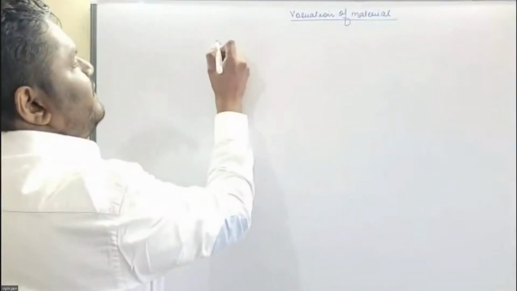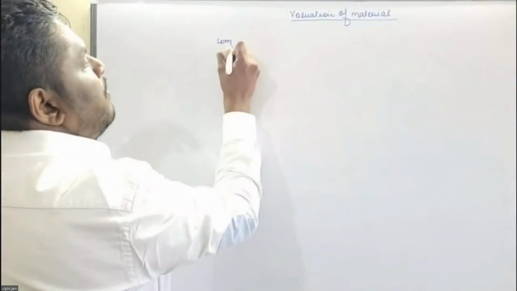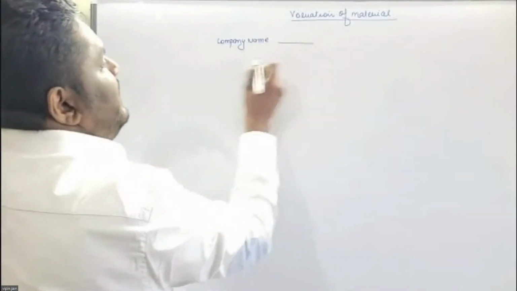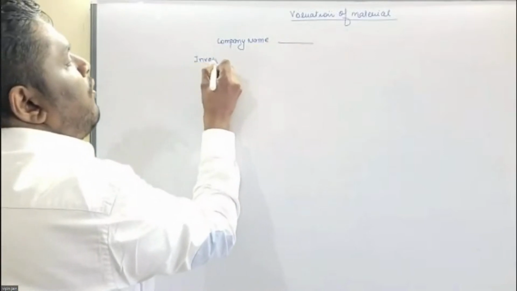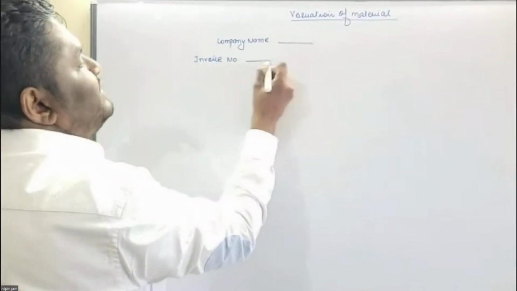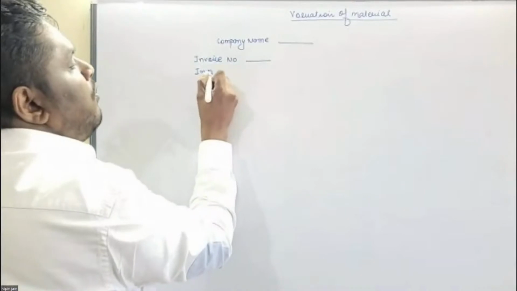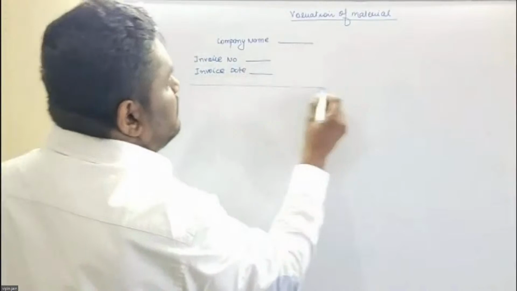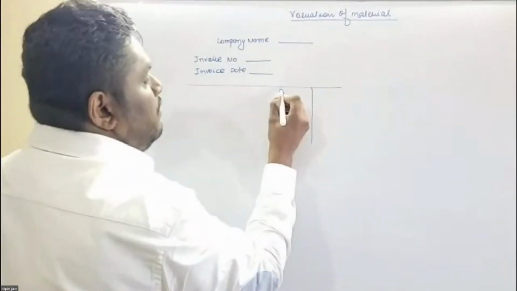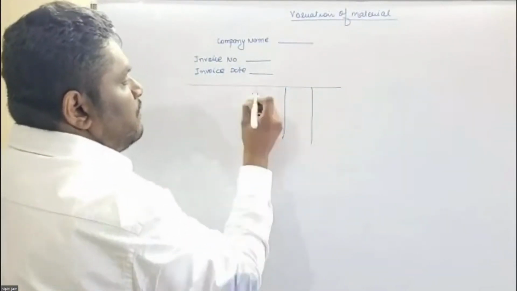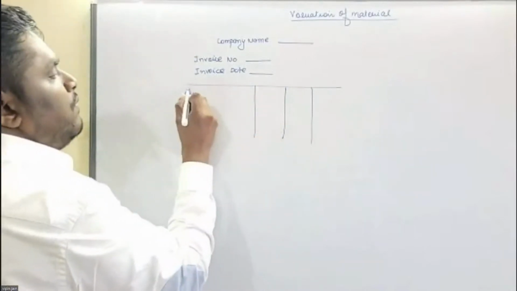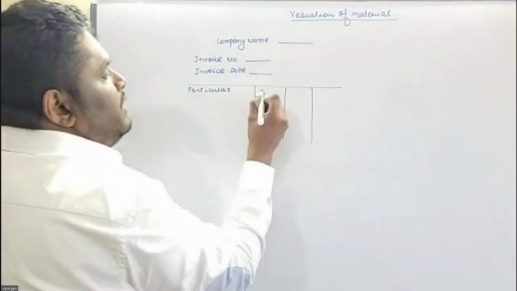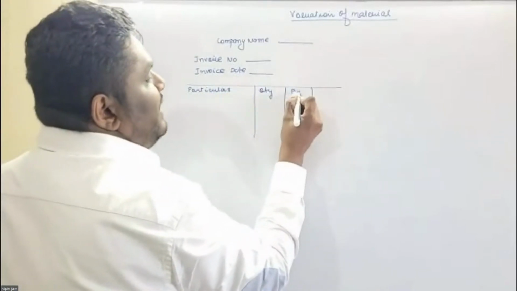Let's say we have received an invoice like this: company name, invoice number, invoice date, particulars, quantity, per unit price and amount.